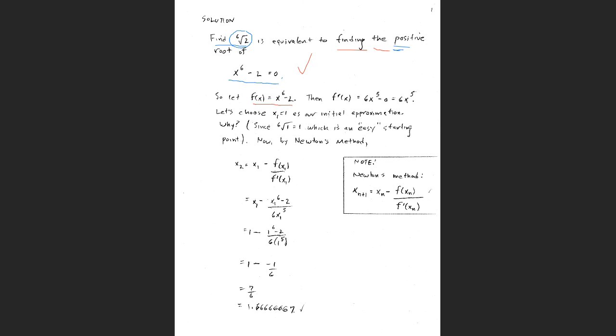This function, x to the 6 minus 2, is an even function. It's symmetric about the y-axis because you have even powers only. And there are 2 roots for this function. If you were to graph it, maybe I can do a quick graph here.